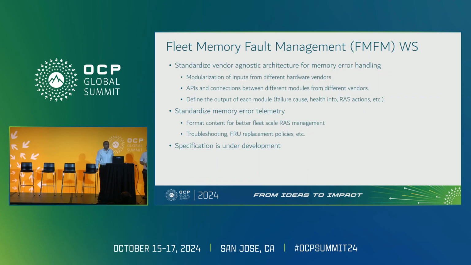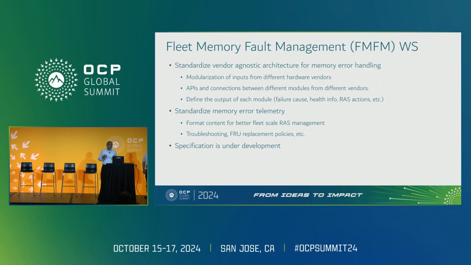The first one is in the fault management sub-project. When this work stream started, the idea was that there is all this error and fault information available on the platform, and the question was how you can standardize this across all the vendors. For that, you have to define a set of APIs so that vendors can provide their modules underneath.